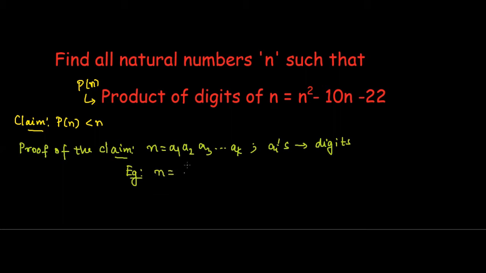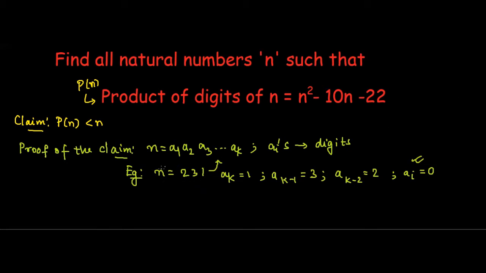If n is equal to 231, then ak is equal to 1, ak minus 1 is equal to 3, and ak minus 2 is equal to 2, and the rest of the ai's are all 0.